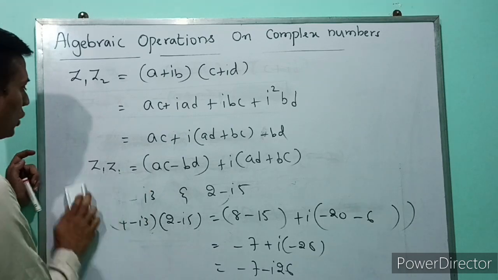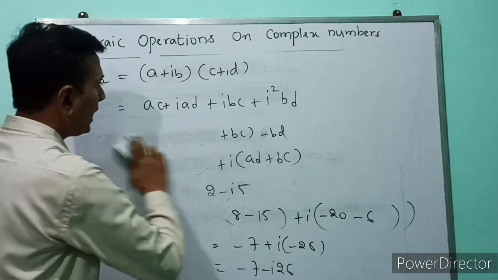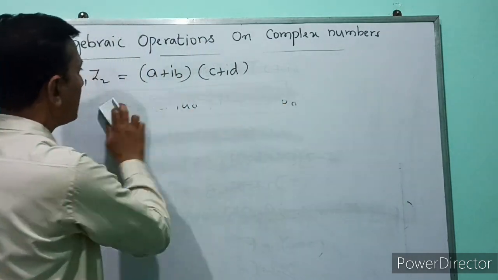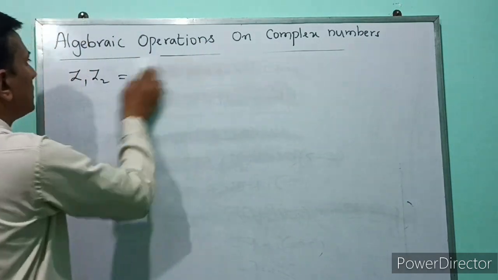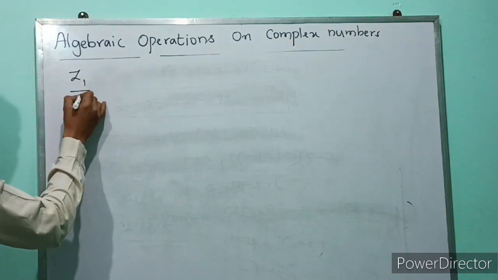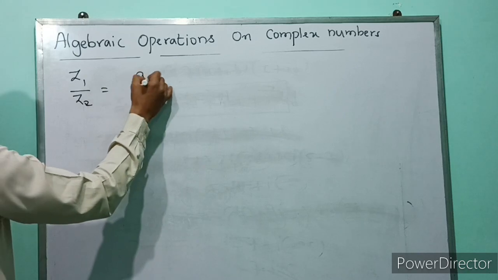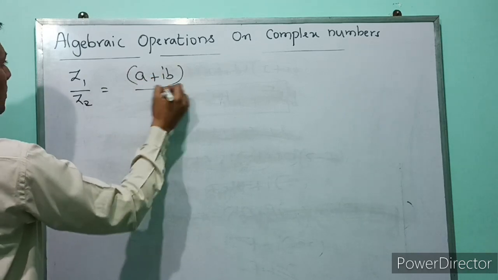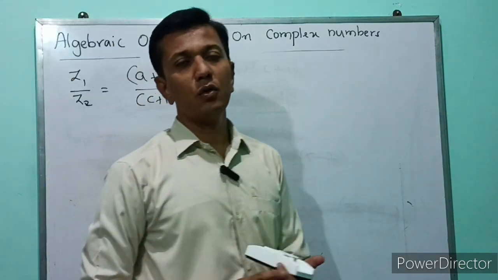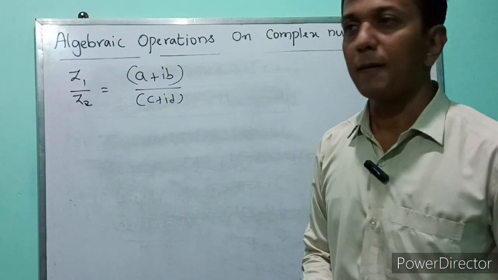Similarly, when you are dividing a complex number with another complex number, Z1 by Z2, so A plus IB by C plus ID, here we have to rationalize the denominator.